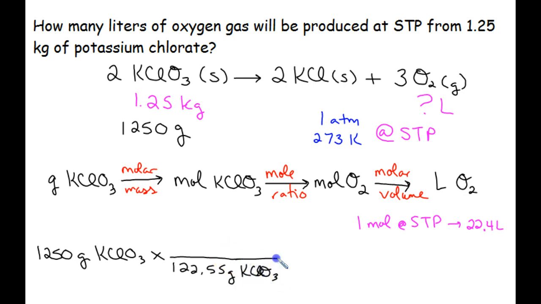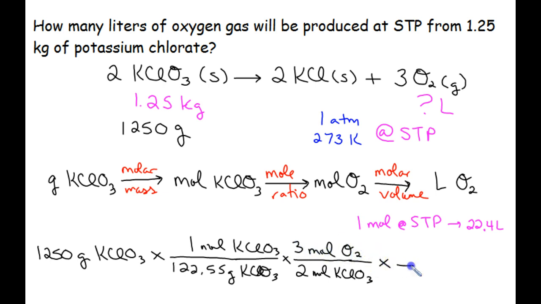Then our mole ratio from the balanced chemical equation: there are 2 moles of KClO3 to every 3 moles of O2. And again, because we are at STP, we can say that 1 mole of any gas, including our gas in question, has a volume of 22.4 liters.